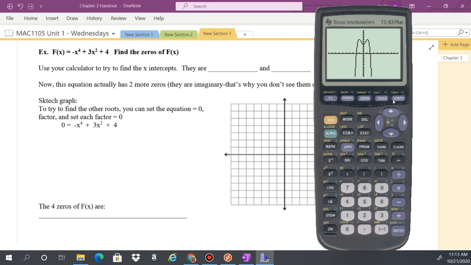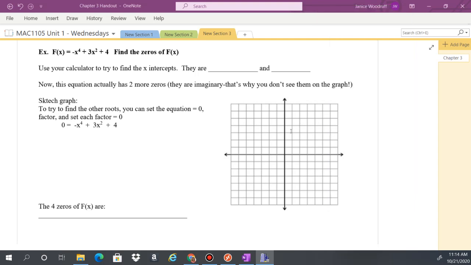All right, so it kind of looks like a McDonald's arch here. Our two zeros look like they are -2 and +2. Check the table. So you've got a 2, which should have a y value of 0, and you have a -2 with a y value of 0. If the y value is 0, those are your x-intercepts.